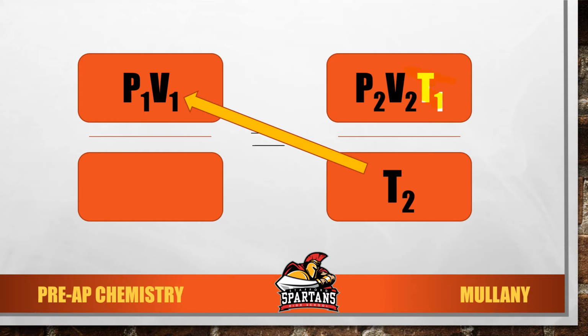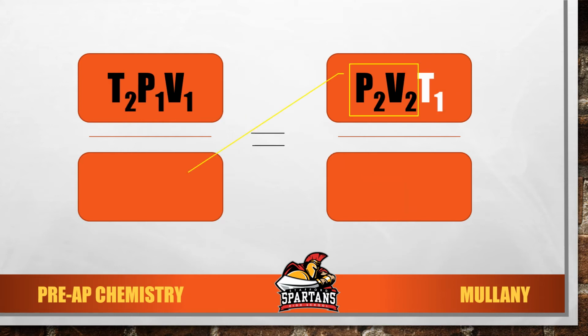All right, so our unknown will be all alone soon, and the way to do that is by having T2 go from here to the top box, like so. Now, we have T2 in the top box. I'm going to move P2 and V2 together down here to the bottom in one step.